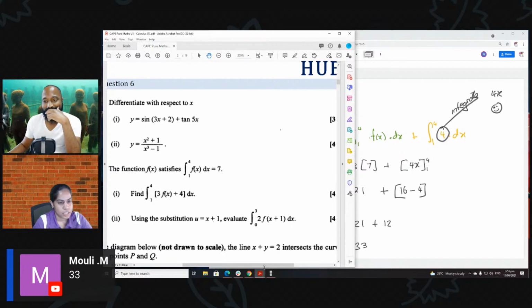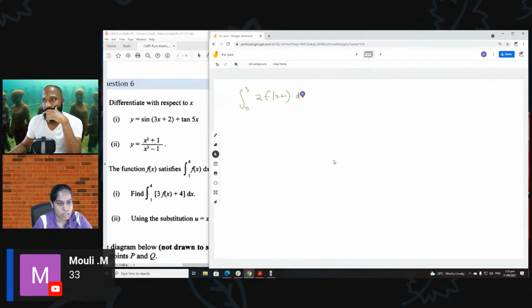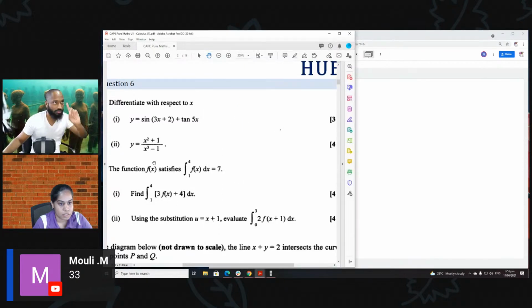We're required to find the integral of 2 by f of x plus 1 between the limits of 0 and 3 with respect to x. So we're given the substitution u is equal to x plus 1. So we're going to use that. Let u be equal to x plus 1.